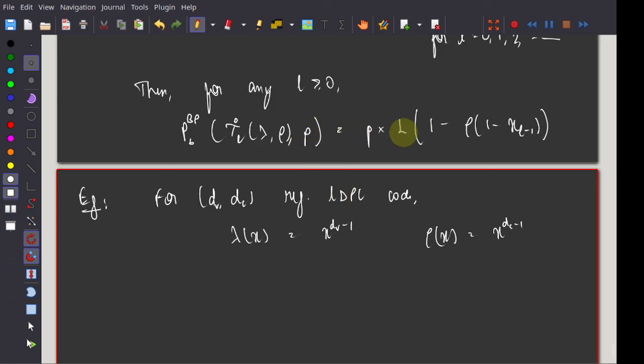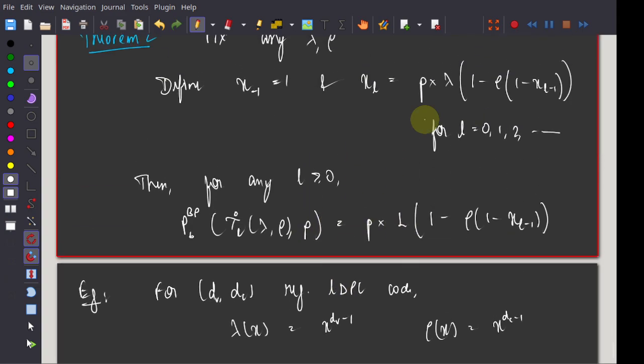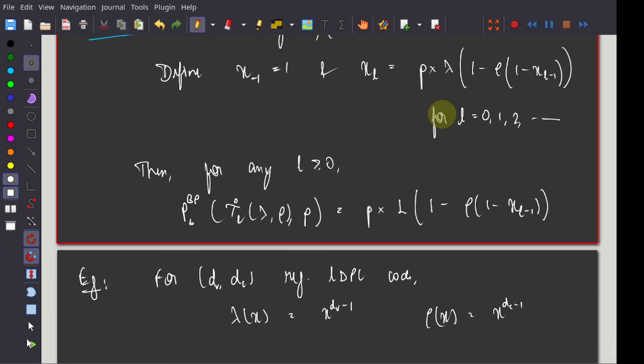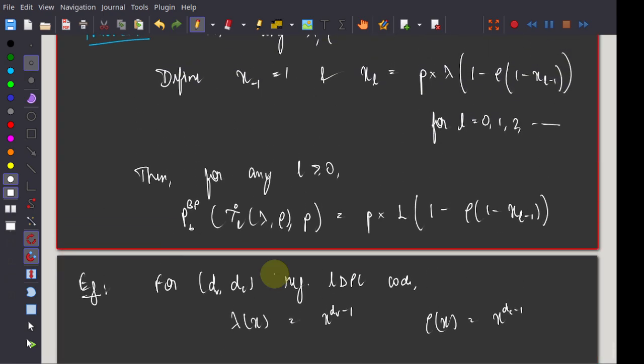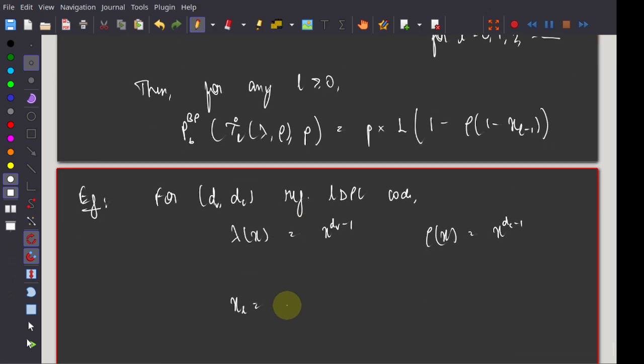Right? So what do these recursions look like? So xl is equal to p times (1 minus (1 minus x(l minus 1)) raised to dc minus 1) whole raised to dv minus 1.